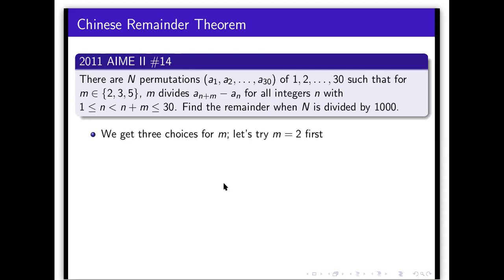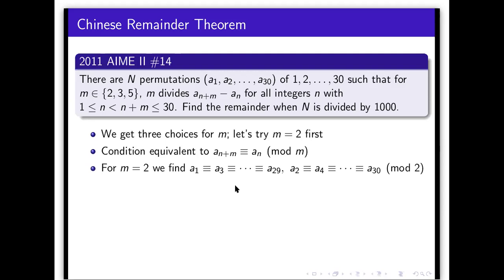So we get to pick 3 different choices of m: 2, 3, and 5. Let's just track each of them individually. The condition is equivalent to a sub n plus m being congruent to a sub n mod m, because m has to divide the difference between the two. That's what the given condition is.